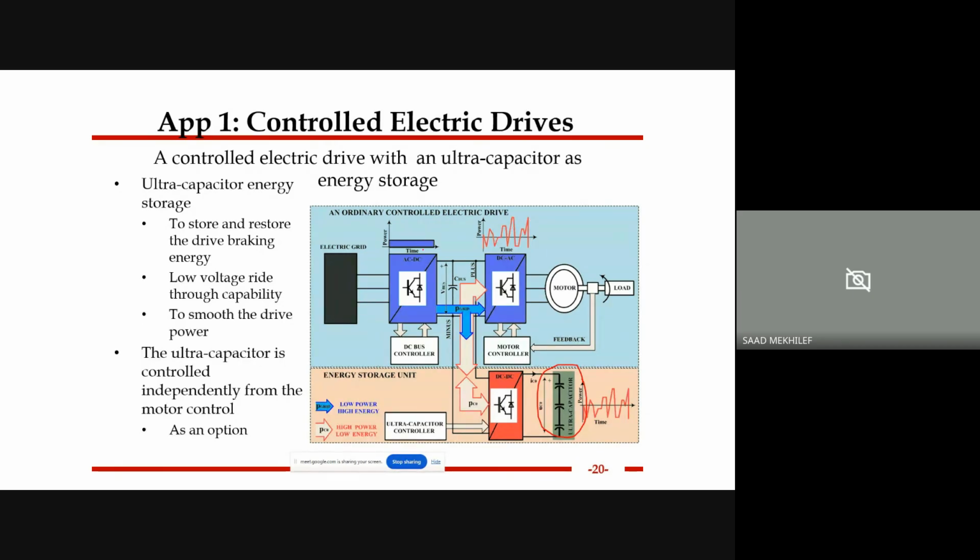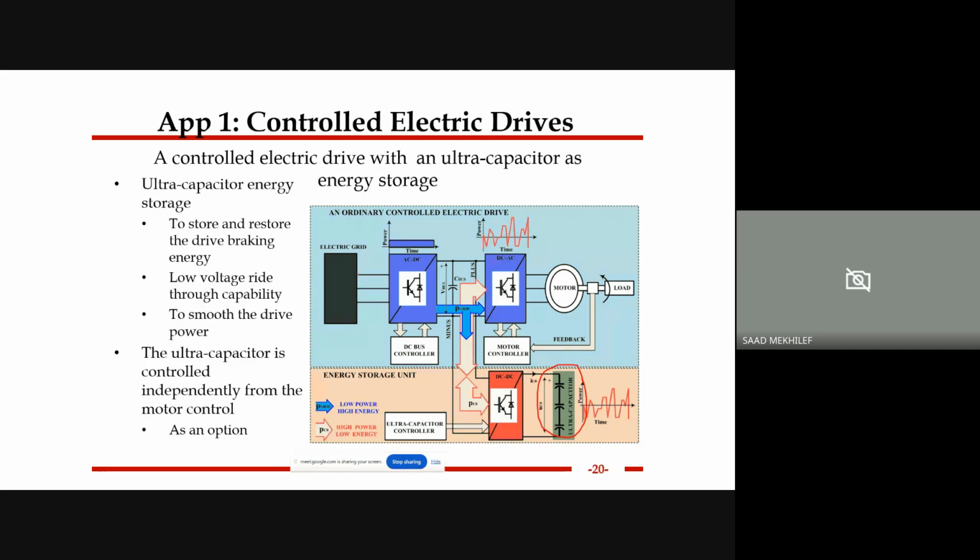If we have to supply this power profile from the grid, first, we will have to over design the system, and we have to pay a lot of penalties for the excess power.